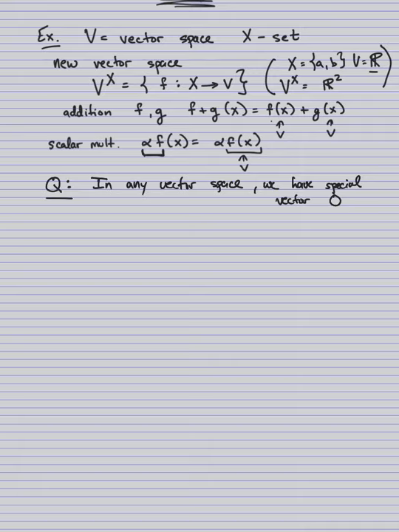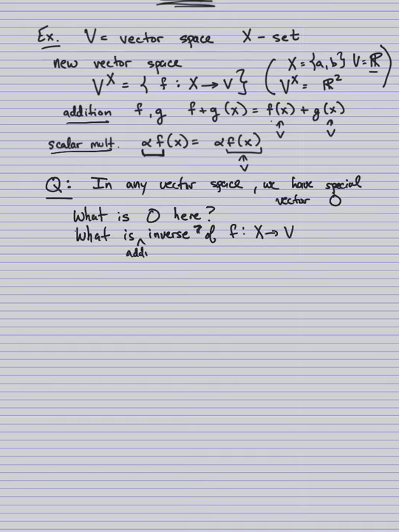I've checked that for this last example we have addition and scalar multiplication, but what is 0 here? What is the zero function? And also, what is the additive inverse of f from X to V? I'm going to pause here and then answer.